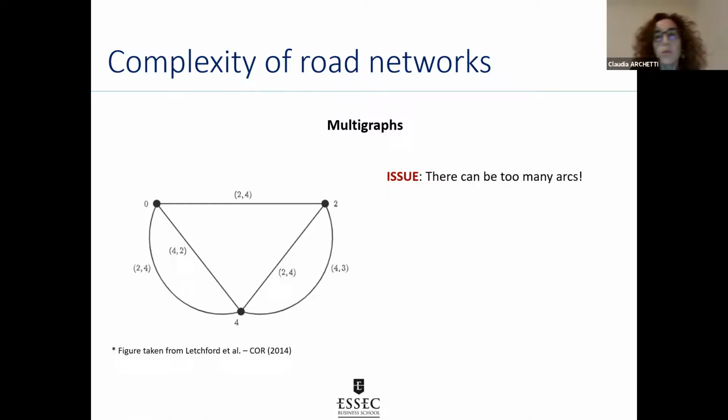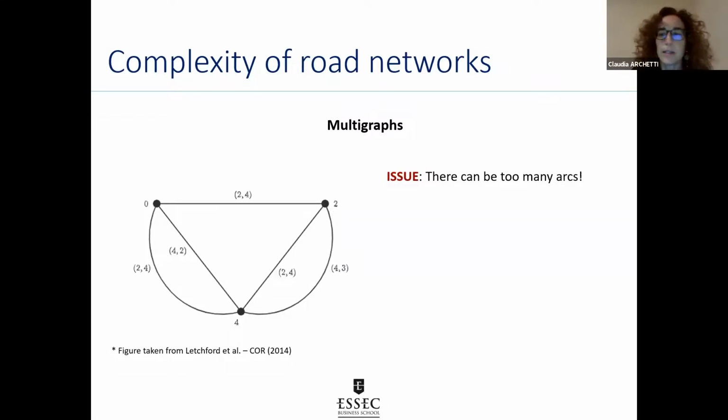But the more attributes there are, the more Pareto optimal paths can link two vertices. So when moving to this representation, you still face an issue related to the fact that you might have a lot of arcs linking any pair of vertices.